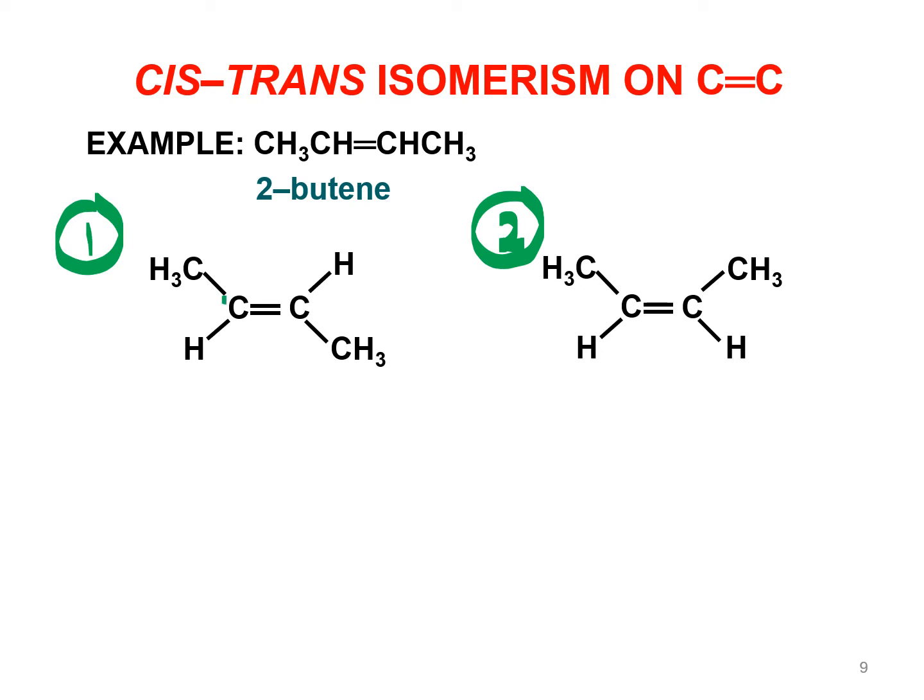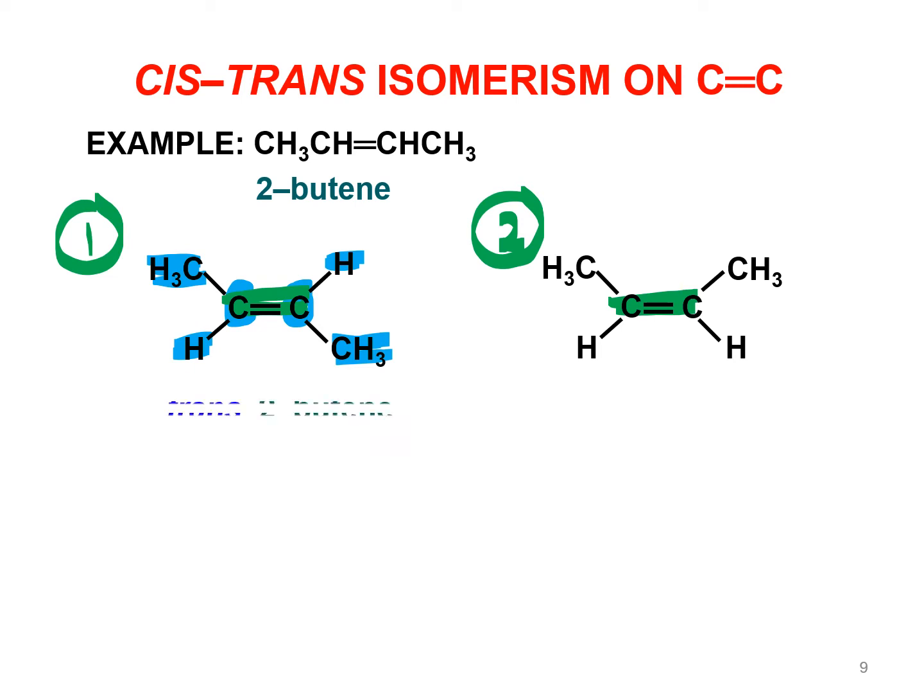Here we have carbon-carbon double bond of restricted rotation. Each carbon of restricted rotation has two different groups attached to it. So requirements are met for cis-trans isomer. The same goes for the second structure.